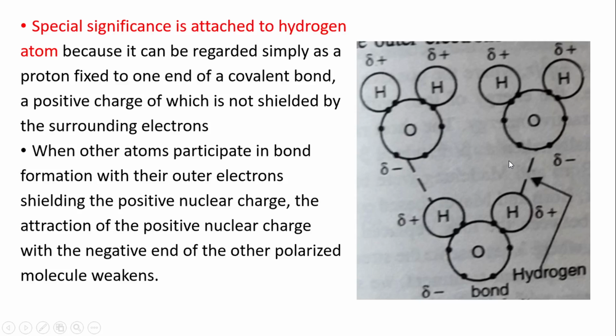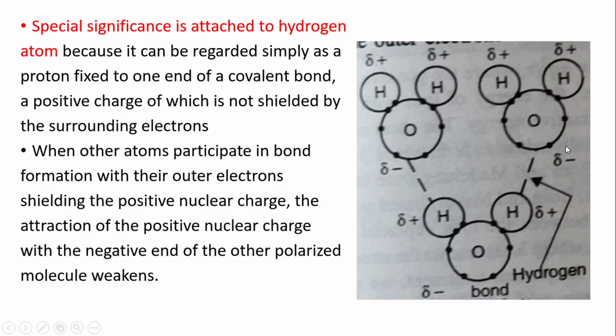So between the positive pole of one molecule and the negative pole of another molecule, a strong bond is formed, between molecules which have a hydrogen atom. So it is known as hydrogen bond.